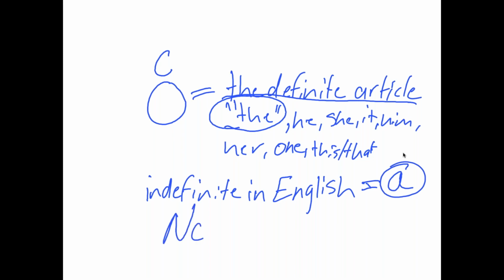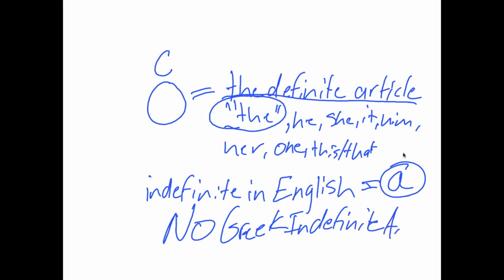There is no Greek indefinite article. If someone makes an argument that the Bible says "a" and not "the" in the New Testament, stop listening to anything they say after they open their mouth.